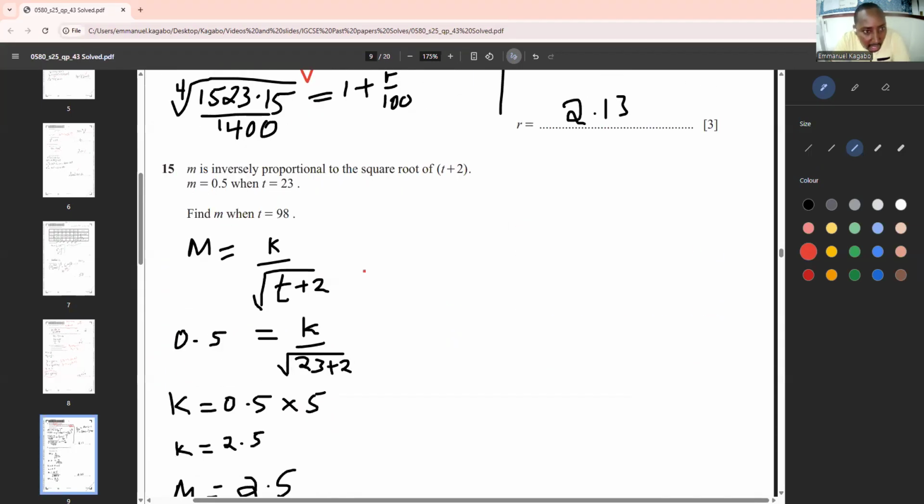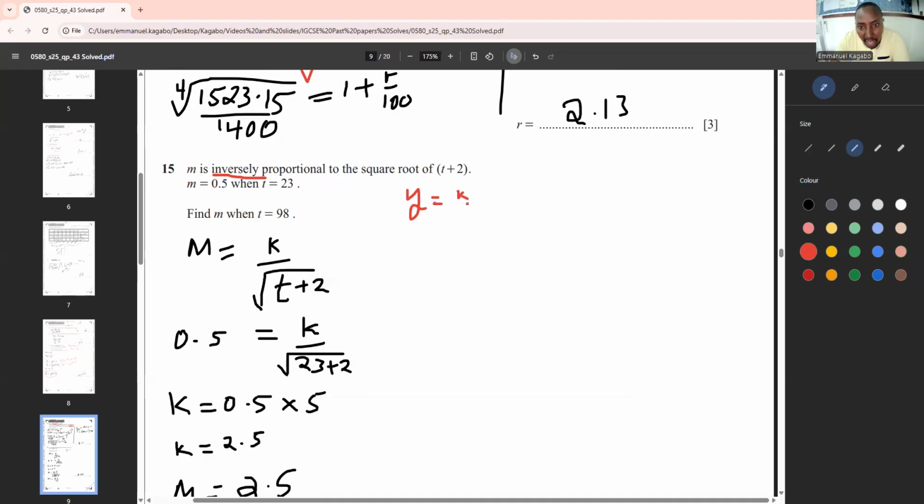Question 15. M is inversely proportional to the square root of T plus 2, and M is 0.5 when T is 23. Find the value of M when T is 98. The keyword here, very important, is inverse proportion. If things are inversely proportional, let me give a simple example.